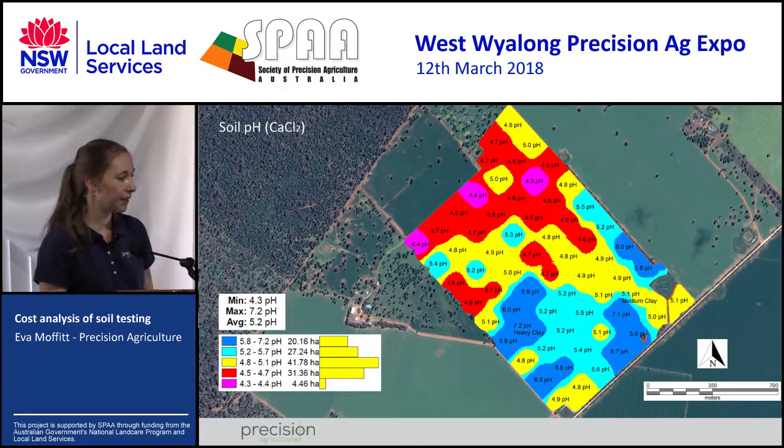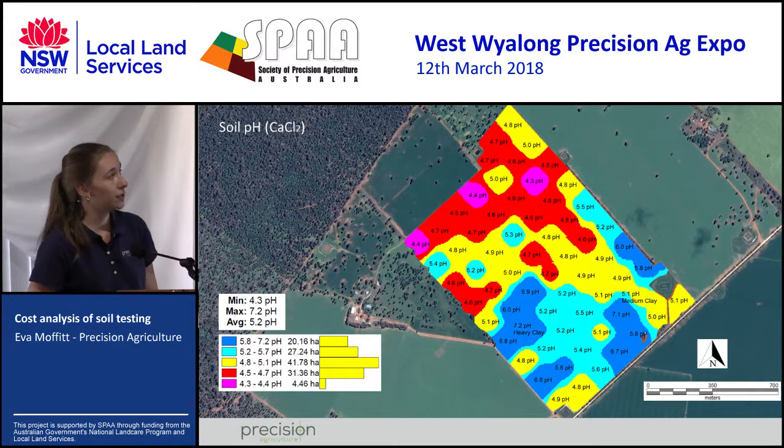In this example paddock you can see there's quite a bit of variation in the pH. On the southern side of the paddock we've got values that are already neutral or alkaline, some areas where we probably want to avoid liming, and then in the northern end of the paddock we've got more acidic values, in this particular example ranging as low as 4.3 pH.